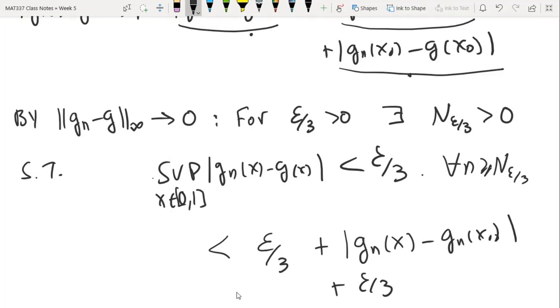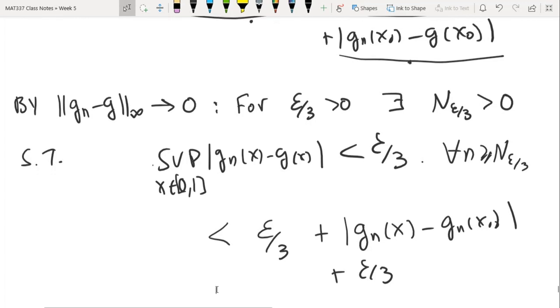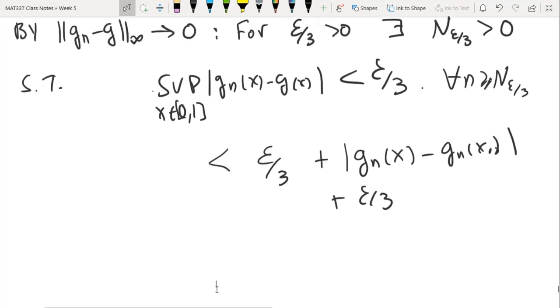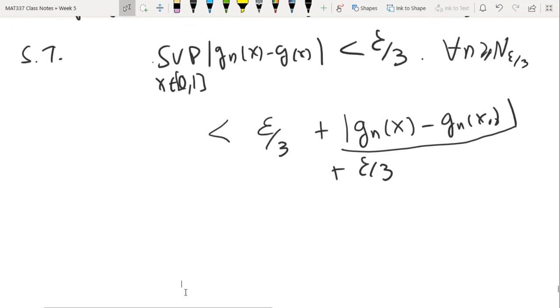Is that okay? Right, so it remains to control this middle term. All right, right. Good. So first, for simplicity, take n to be N epsilon over 3. Just to make things simple.